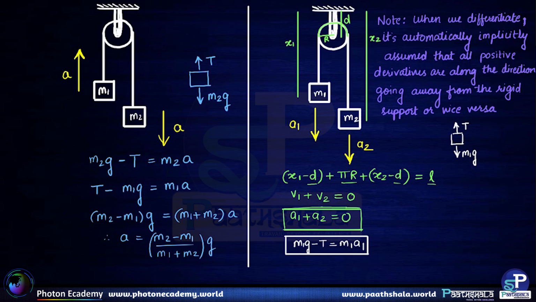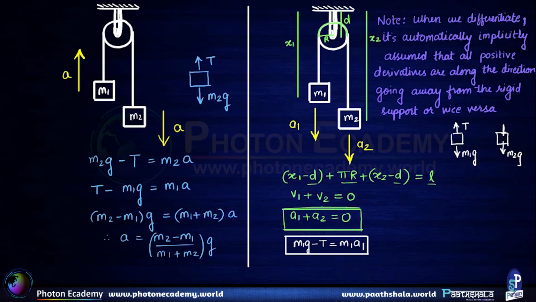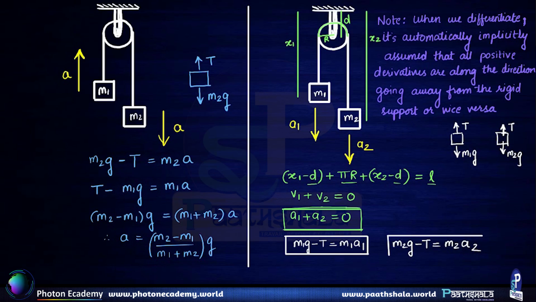Similarly, the same analysis can be done for the mass m2. m2g is the downward force and the upward force is again the force of tension. So for the mass m2 we can write m2g minus T is equal to m2a2.